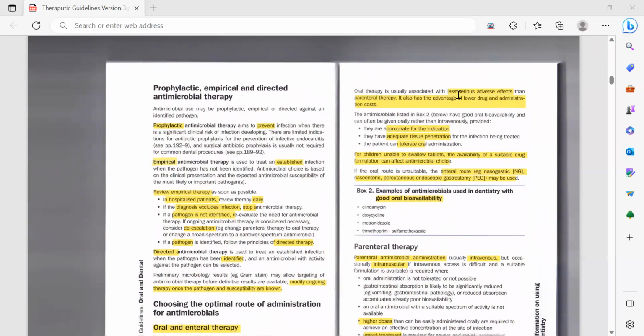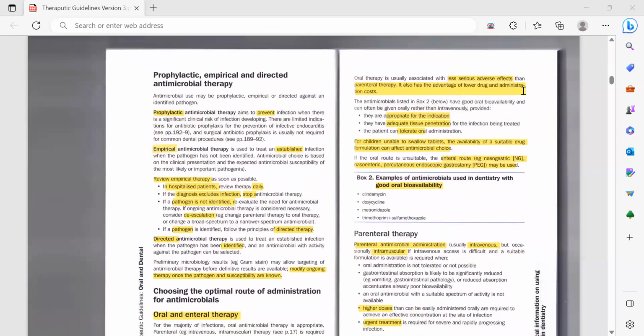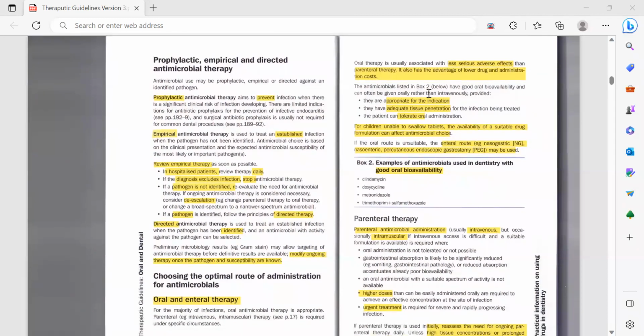It also has the advantage of lower drug and administration cost. Its cost is also lesser than the parenteral therapy. These antimicrobials have very good oral bioavailability, which means if the patient takes it orally, it will be absorbed nicely.